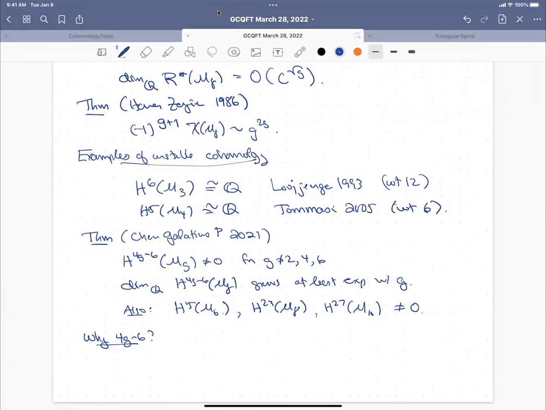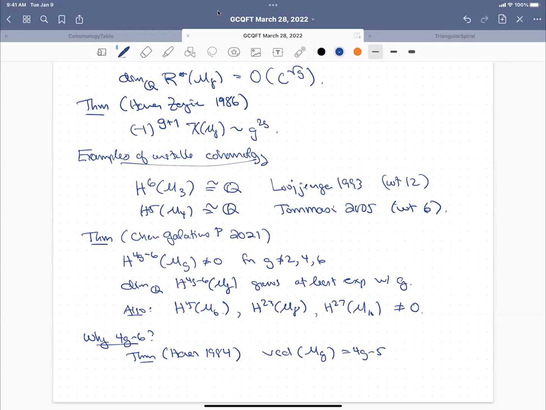Good. So why 4g minus 6? I may have said this out loud, and Michael mentioned this. A theorem of John Harer from the 1980s is that the mapping class group is a virtual duality group, of virtual dimension 4g minus 5. That means that any local system with rational coefficients has vanishing cohomology above degree 4g minus 5.